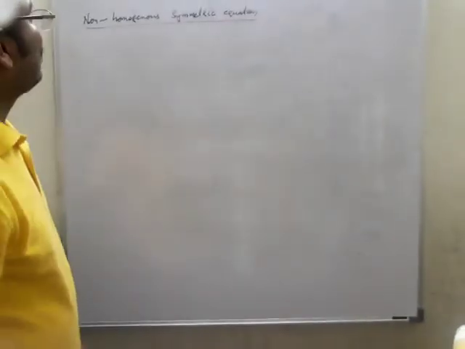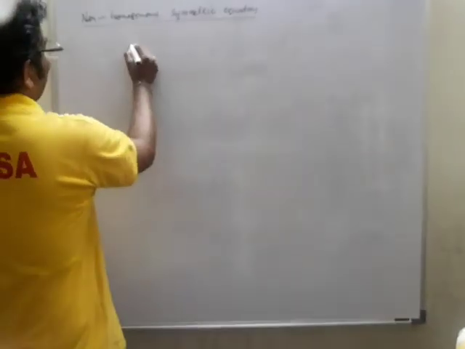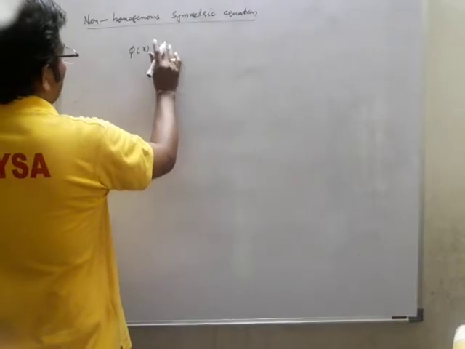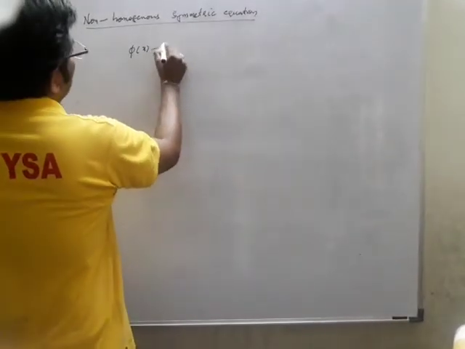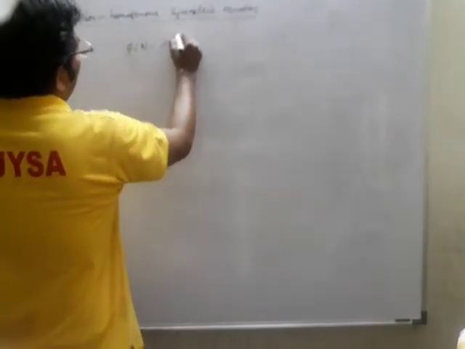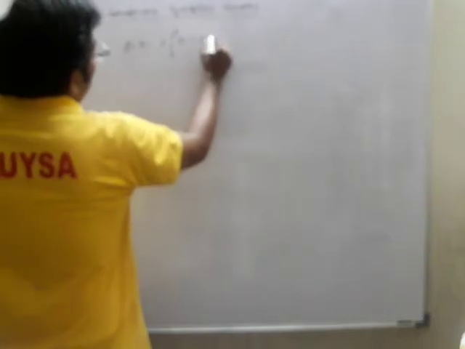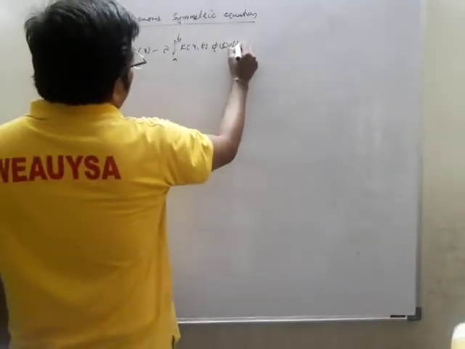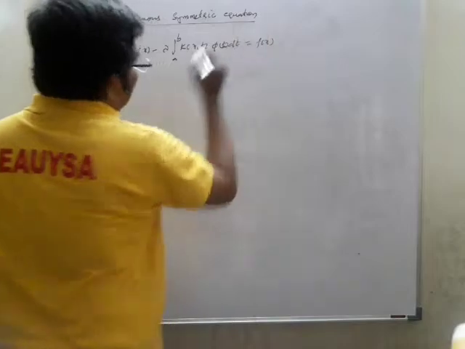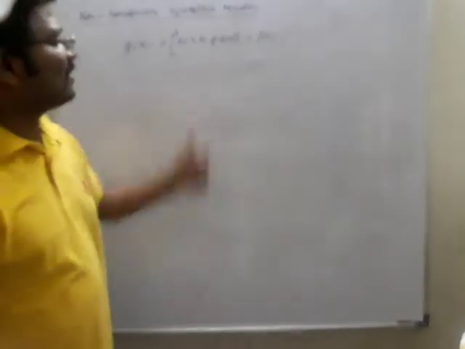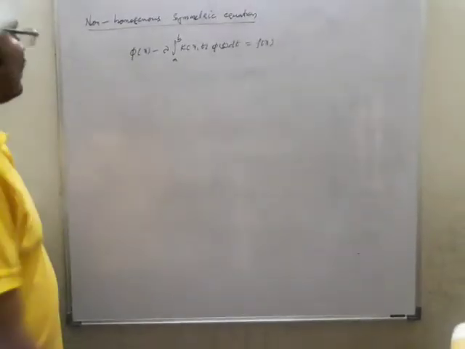Suppose the non-homogeneous symmetric equation is given as phi of x minus lambda integral a to b k of x comma t phi of t dt is equal to f of x. Okay, this is a non-homogeneous symmetric equation.